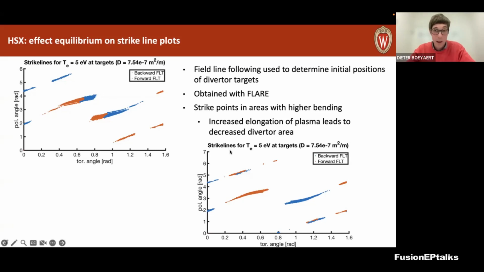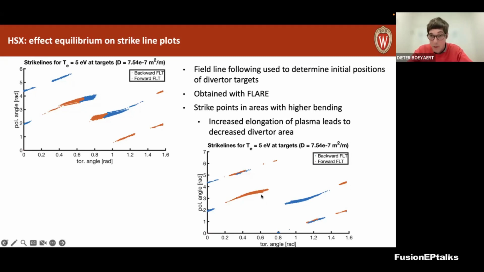If we use the optimized configuration for turbulence, we get the plot on the right, and you can see that that makes a difference. Here our strike line locations are way more narrow. But we can also see that the locations still stay very similar to each other. It's still around these 4 lines, so that's something important to keep in mind.